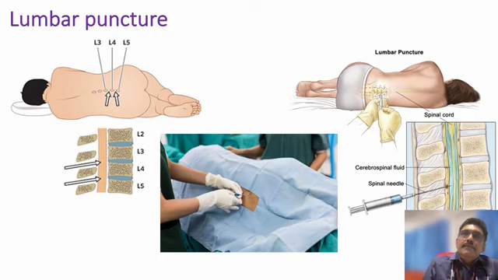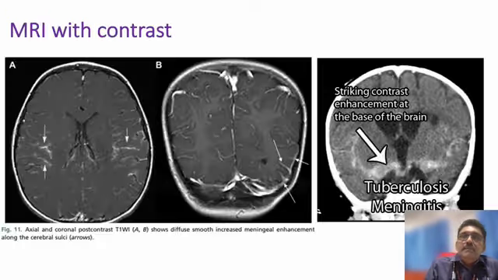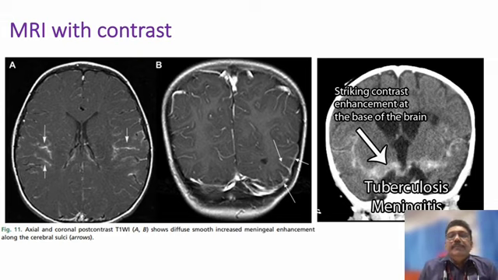Whenever you want to do a CSF study, if facilities are available, it is always better to go for imaging before CSF analysis, because if there is a raised ICP, you can easily pick it up by imaging studies. If only a CT scan is available, you can look for raised ICP features in a plain CT. If CT with contrast is available, you can see whether there is any contrast enhancement. But MRI with contrast will be the better choice to pick up meningitis.